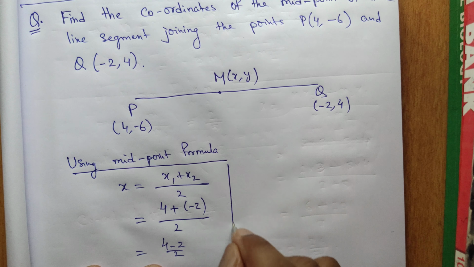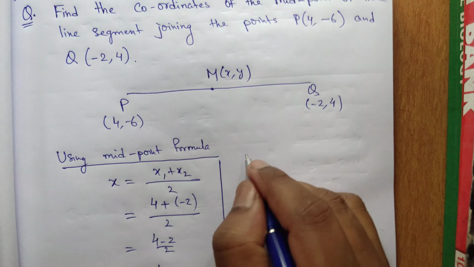Okay, and y will be y1 plus y2 by 2. So y1 is how much? Minus 6. This is y2 is 4 by 2, that is minus 2 by 2, that is minus 1. So you can write, therefore the coordinates of midpoint joining the line P and Q is, in bracket you can write 1 comma minus 1. Okay.